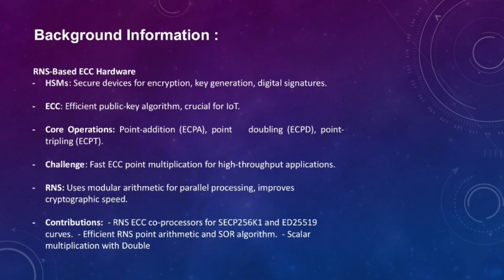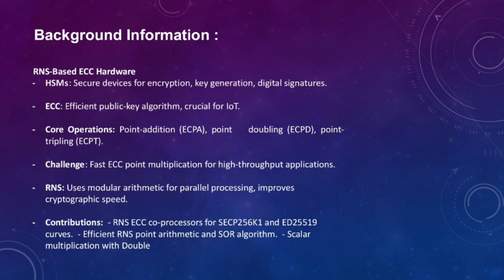Moving forward to the background information of elliptical cryptography, RNS-based ECC hardware, in which we got the points: HSMs, ECC, core operation of ECC, challenges, RNS contribution. What is included in that? Secure devices for encryption, key generation, digital signatures. ECC means an efficient public key algorithm that is very crucial for IoT.